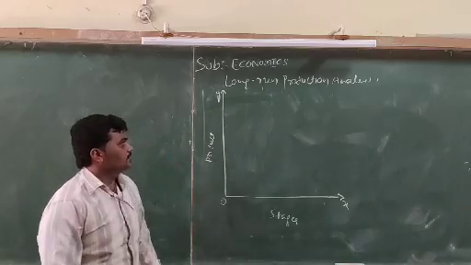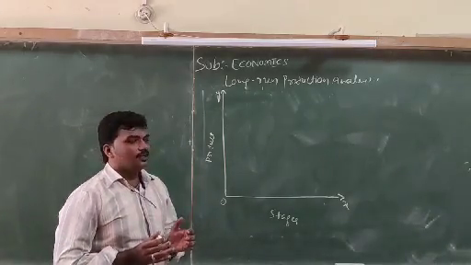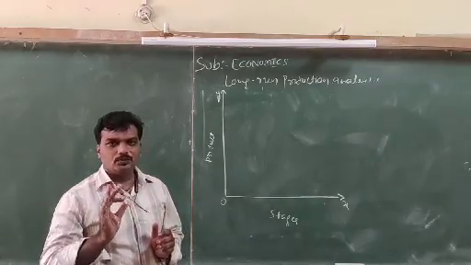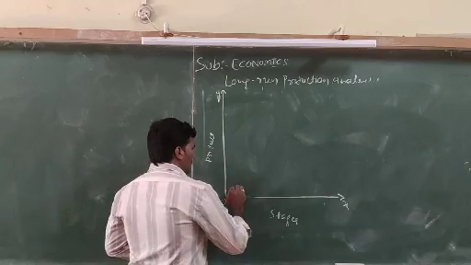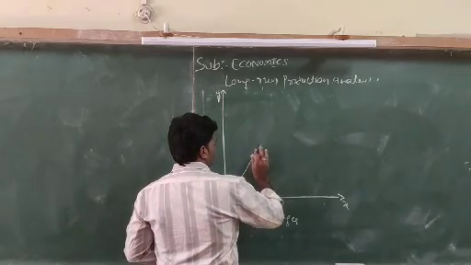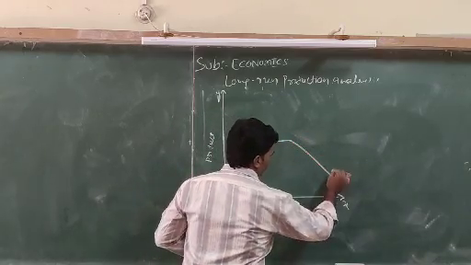Okay, see, the law of returns to scale can be easily understood by drawing a single curve, that is the marginal product curve. Observe the nature of the marginal product curve. It increases, it is constant, and it decreases.